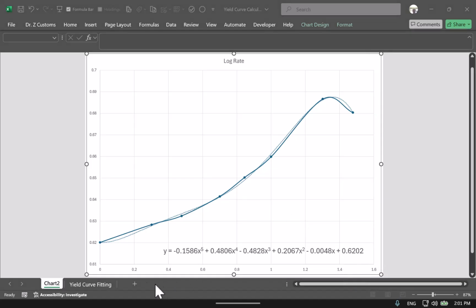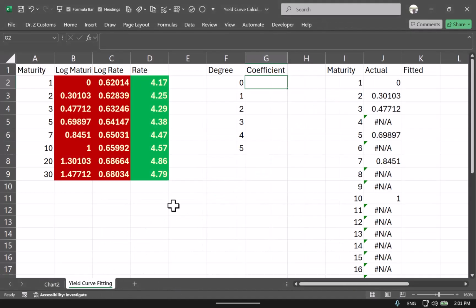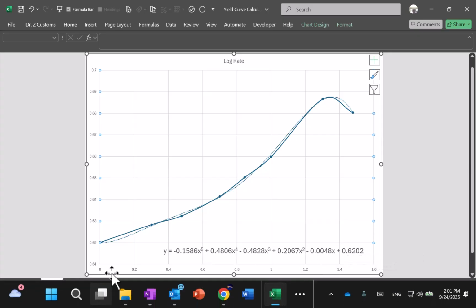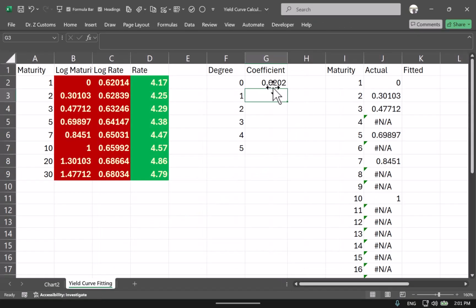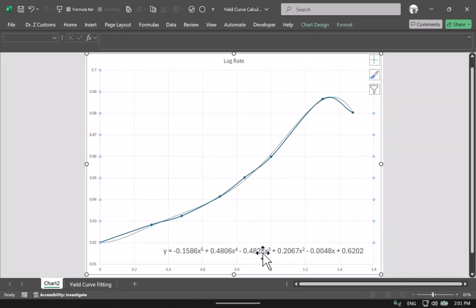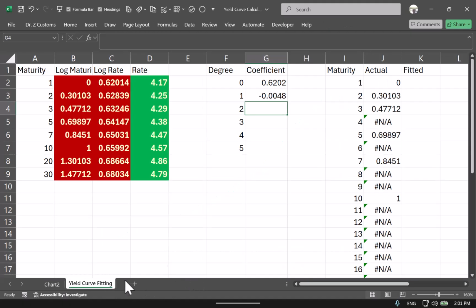0.6202. Coefficient of x negative 0.0048. Coefficient of x squared is positive 2067.